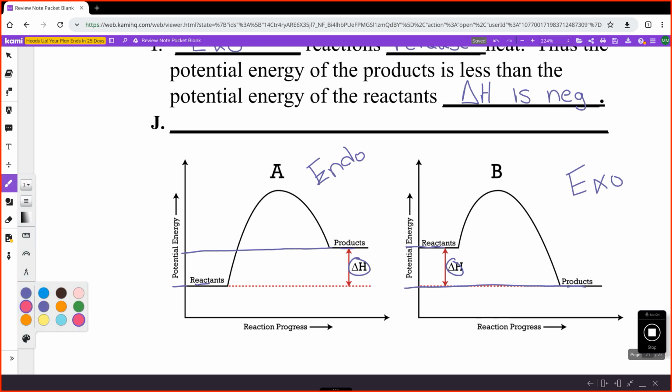Two more things that are really important are activation energy and what the catalyst looks like. So we'll start with the activation energy, which I'm just going to write up here.